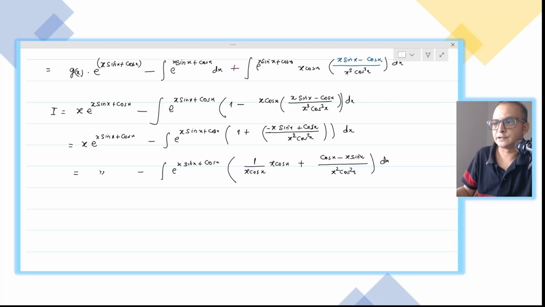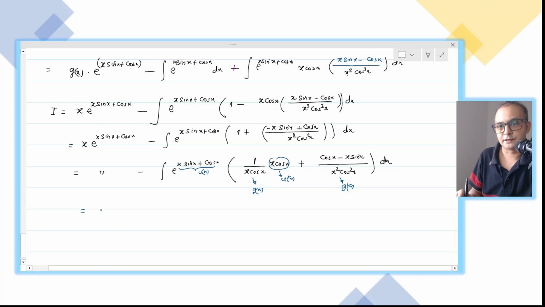And now try to read it in that language, the formula we established. So this is our e to the power u(x). This is the derivative of u(x). This is our g(x), and this is the g'(x). Can you notice that? And so the answer for this is g(x) into this whole thing.